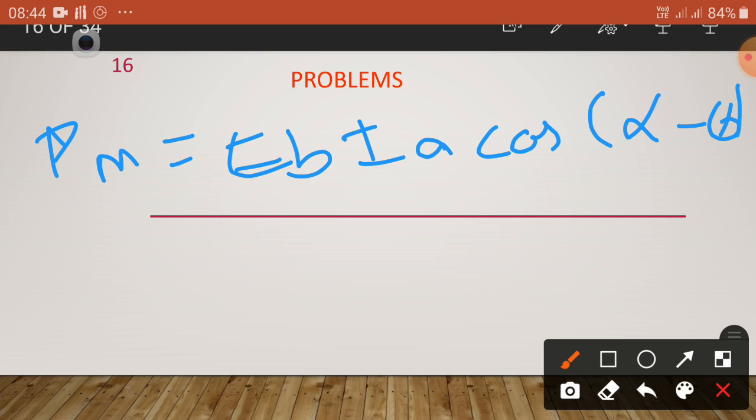This total mechanical energy can also be obtained using another equation.